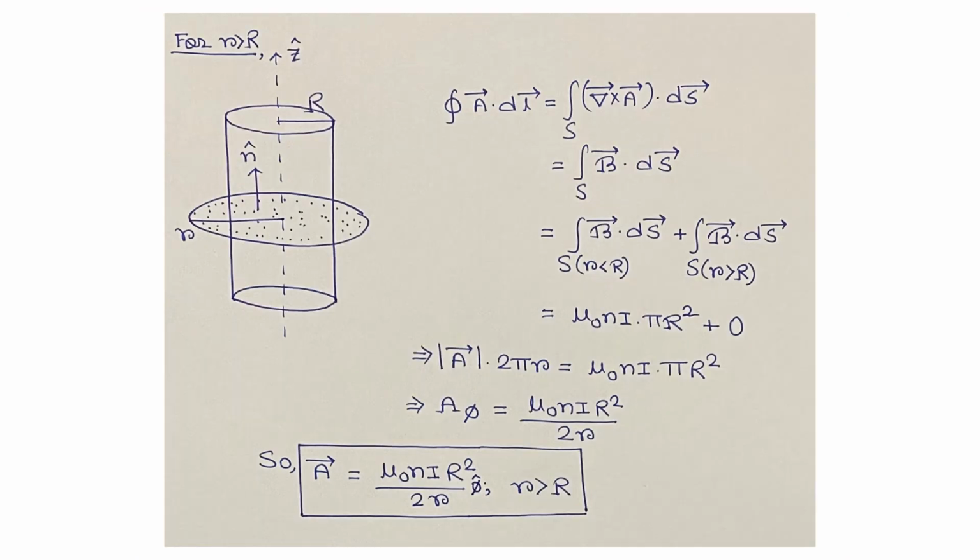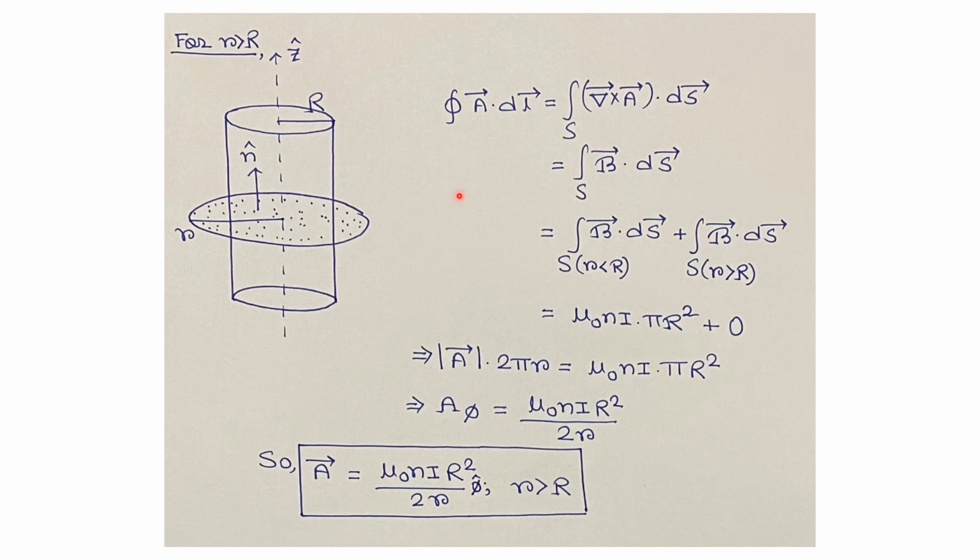Now we'll consider the second case, that is small r greater than the radius of the solenoid. For this, we'll consider a circular path having radius small r at position z equals L by 2. So now our small r is greater than capital R. We'll do the same treatment, and for that we'll take the closed path integral of the vector potential along the circular boundary, and we can write this line integral as a surface integral of the magnetic field.